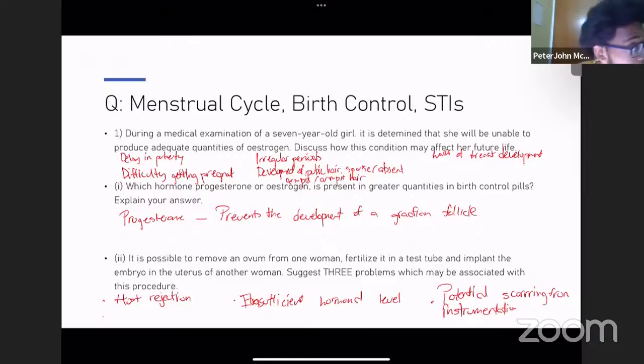HCG is present in the urine. When HCG is present in your urine, it means you have the formation of the chorion, the placenta. The placenta has to do with an embryo. So you clearly have an embryo being formed inside you. If there's HCG in your blood or urine, that means you have a baby.